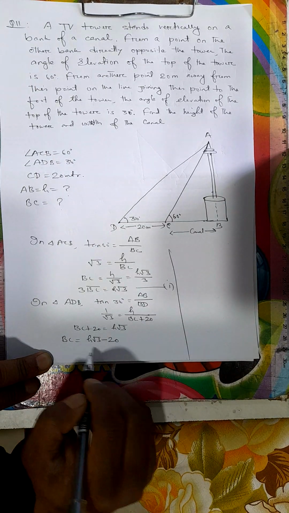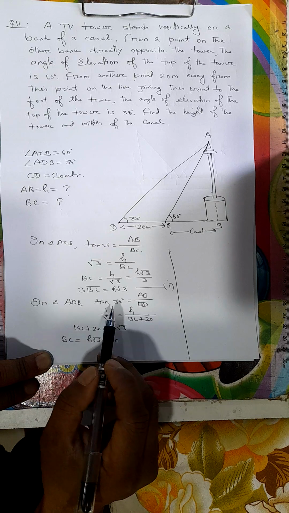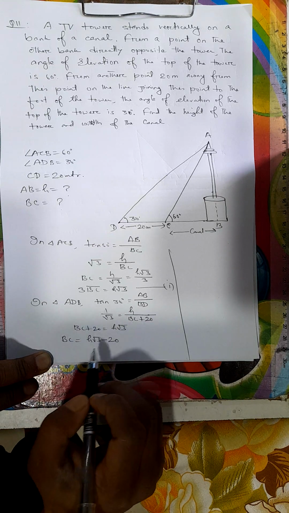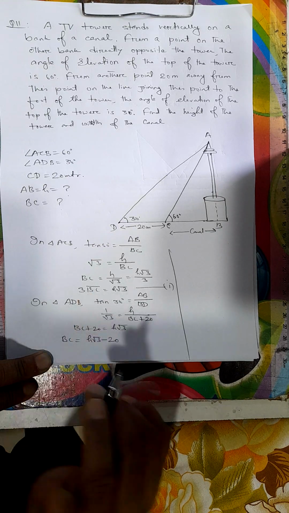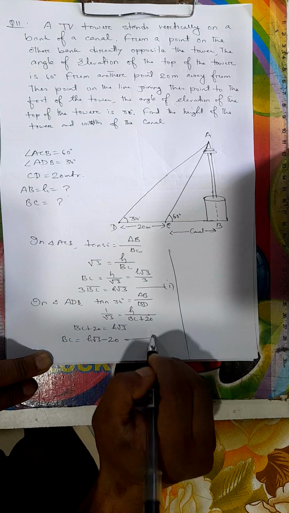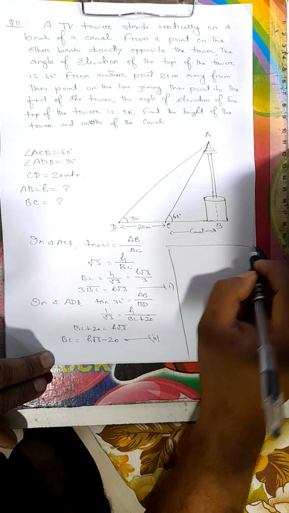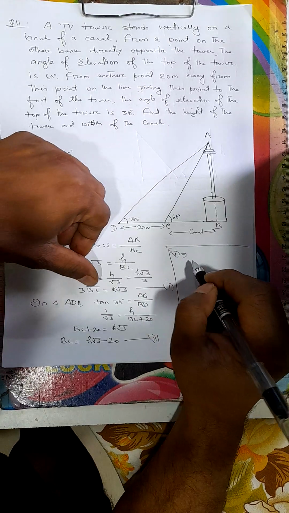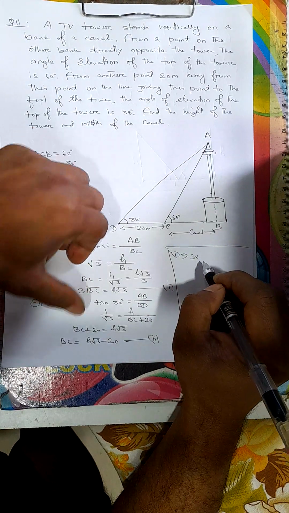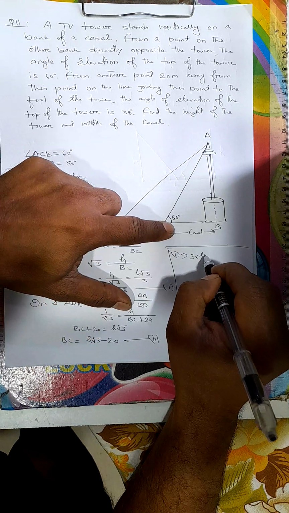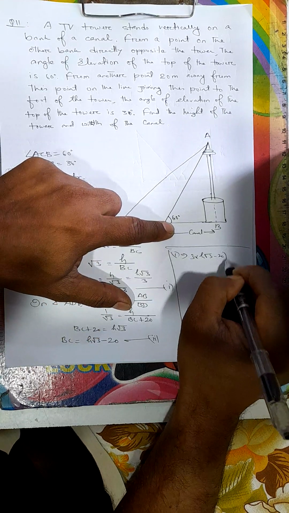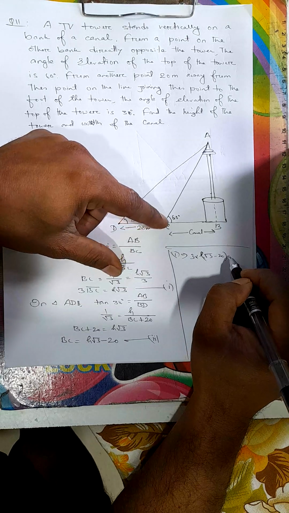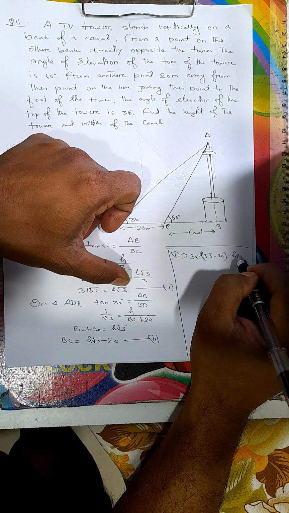So you got BC here, right? So we can replace BC in equation number 1. This is, suppose, equation number 2. Now from 1 you get 3 times BC. BC means H square root of 3 minus 20 equals H root 3.